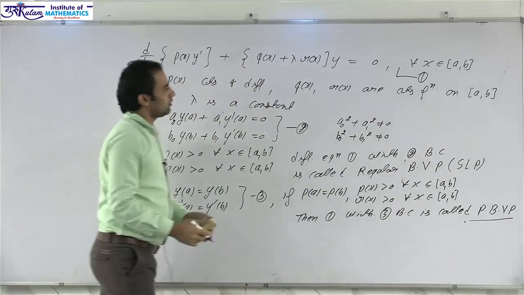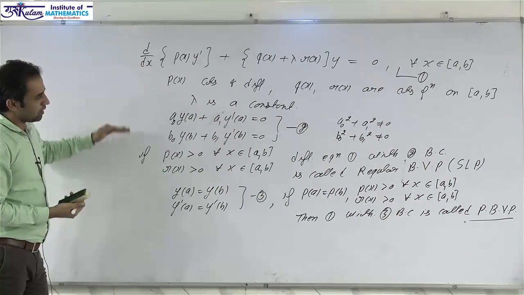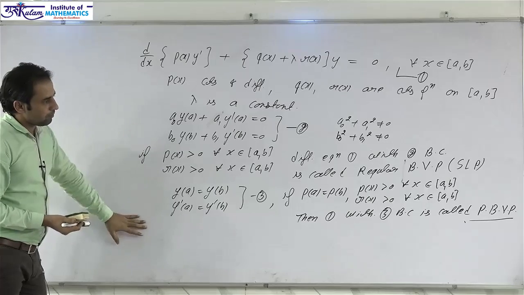So we have defined two types of boundary value problem, regular and periodic.